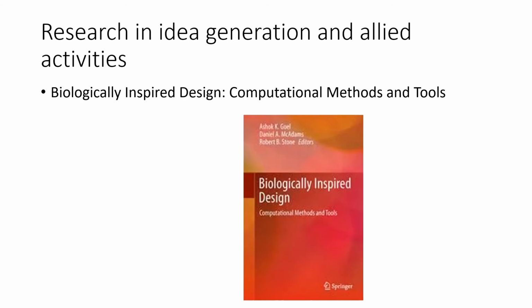And if you have research interests and you want to generate ideas using biomimicry and allied activities which occur in bio-inspired research, then you can refer to this book, Biologically Inspired Design: Computational Methods and Tools, edited by Ashok Goel, Daniel McAdams, and Robert Stone.